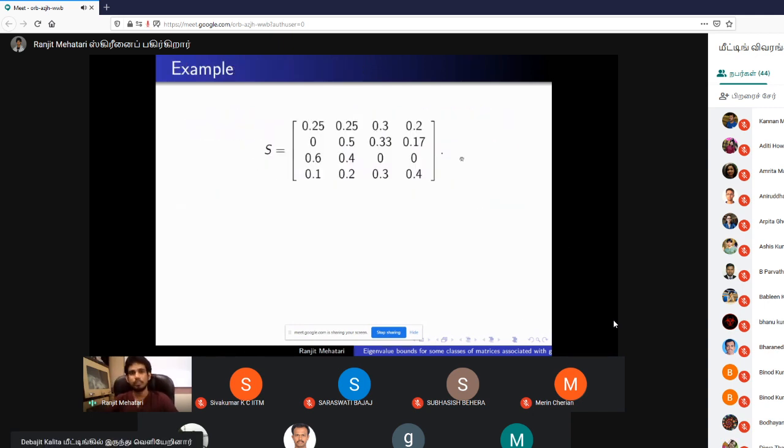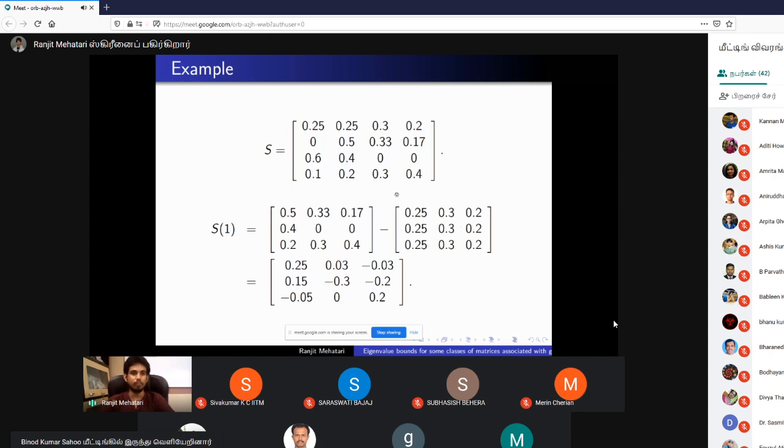First we take a quick example to see how all this works. Suppose we have a given matrix S. You can see that every row has sum equal to 1, and the matrix is irreducible. First we find S1 for that matrix.